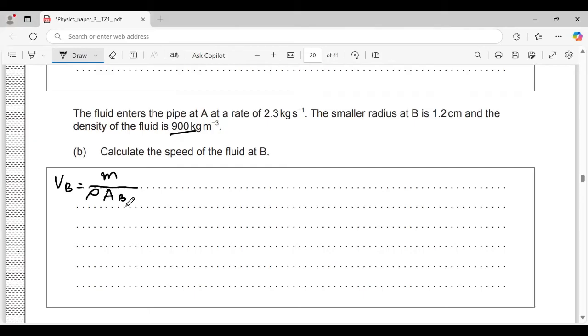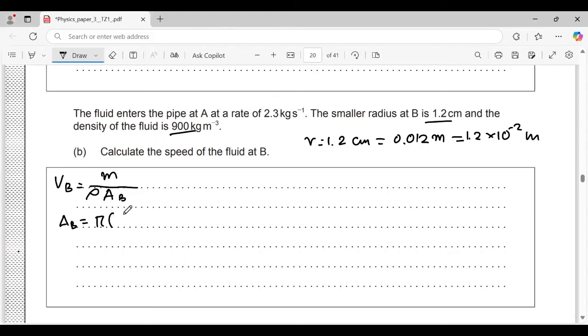I will find area B first. That is pi r squared, and r is 1.2 centimeters. Convert to meters: 0.012 meters, or 1.2 times 10 power minus 2 meters.